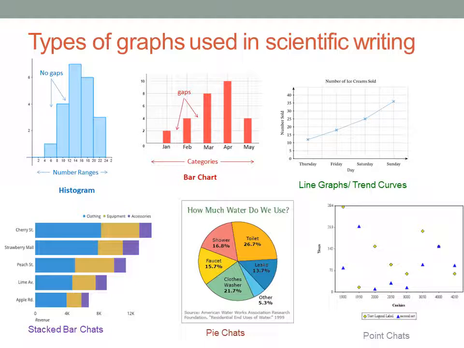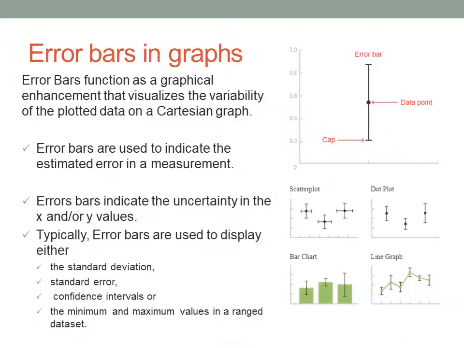Other than that, you don't draw a line graph, but you plot the data points as a dot plot or a point chart. Only if you have a relationship between x and y can you draw the line.